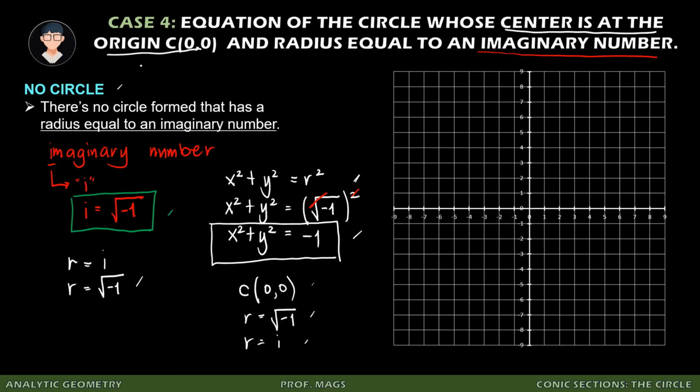So, since nakalagay dito no circle, wala tayong i-graph. Maski yung ating center is at the origin, we cannot plot it because there is no circle form in this case. Hindi kagaya sa case number 1, may certain radius value tayo. Case number 2, yung radius natin ay equal sa 1. Case number 3, radius naman natin ay equal sa 0. And for case number 4, equal to an imaginary number.